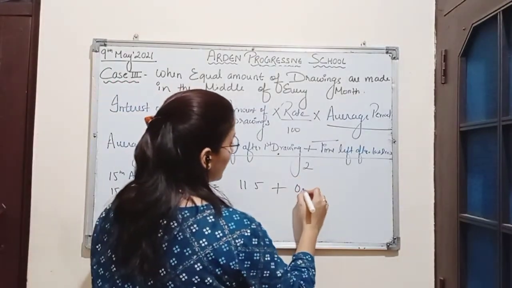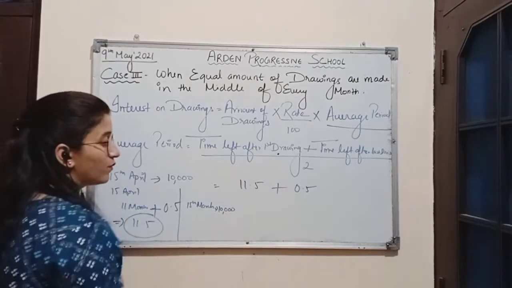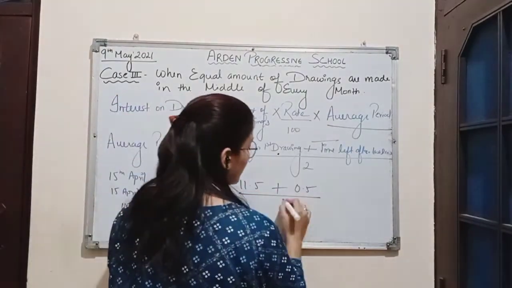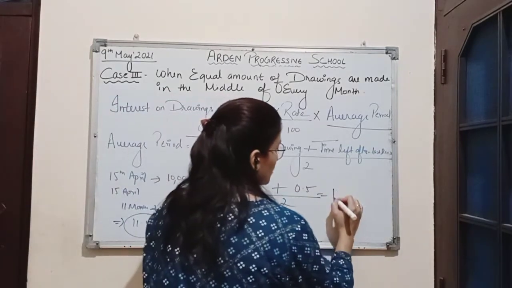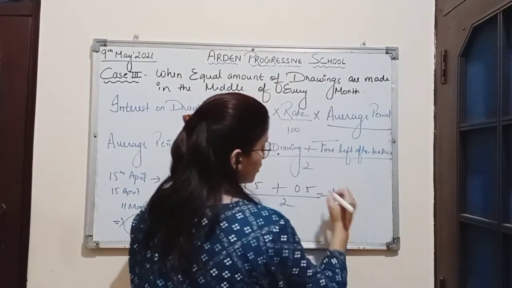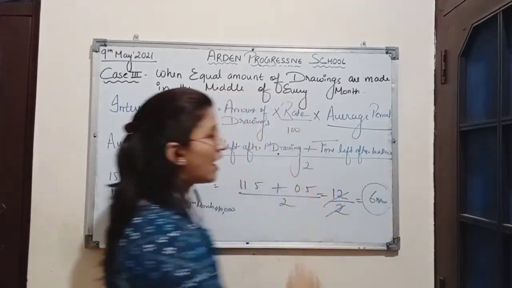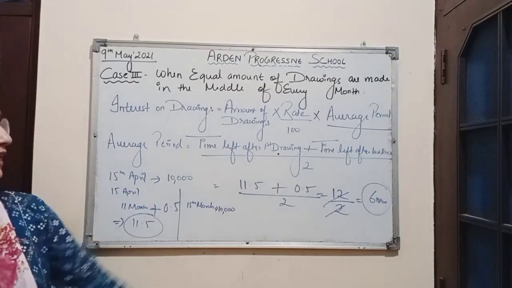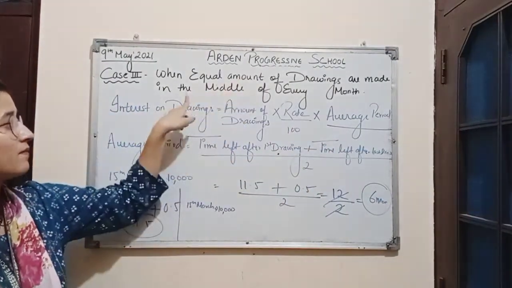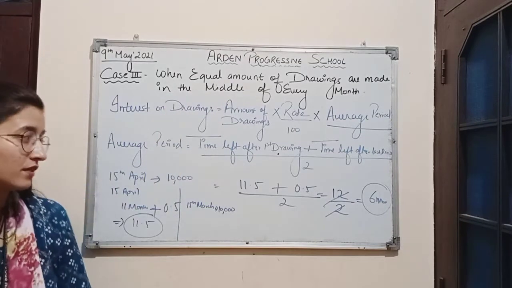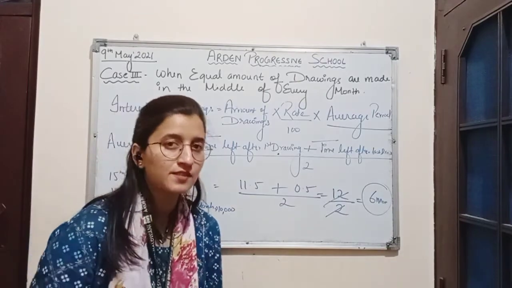So here the time left after last drawing will be half month, which is 0.5. So 11.5 plus 0.5 is 12 months divided by 2. So 6 months will be the average period for calculating the interest on drawing in the case when the drawings are made in the middle of every month. So in this case, average period will be calculated for 6 months.